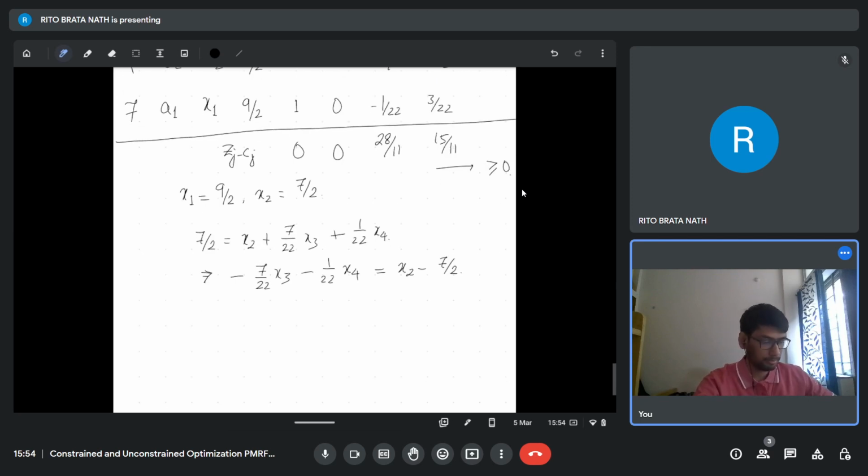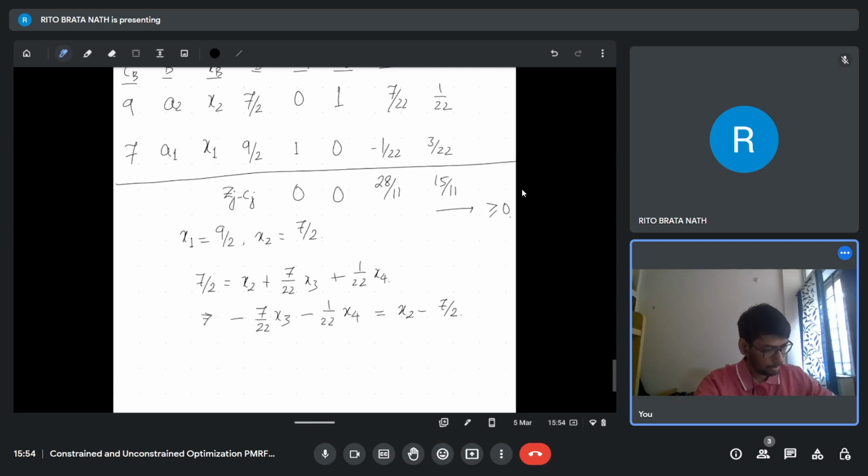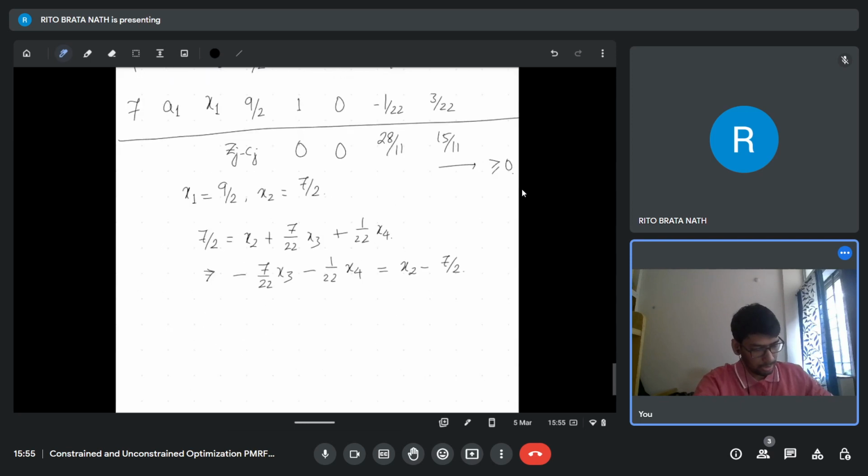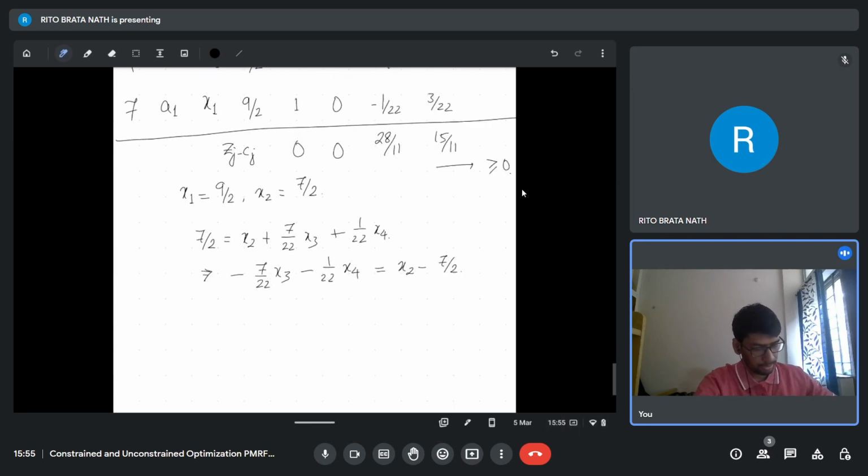But actually, what happens is that your x2 is not 7 by 2. So what you can do is take the fractional part of the right hand side, and also the left hand side.